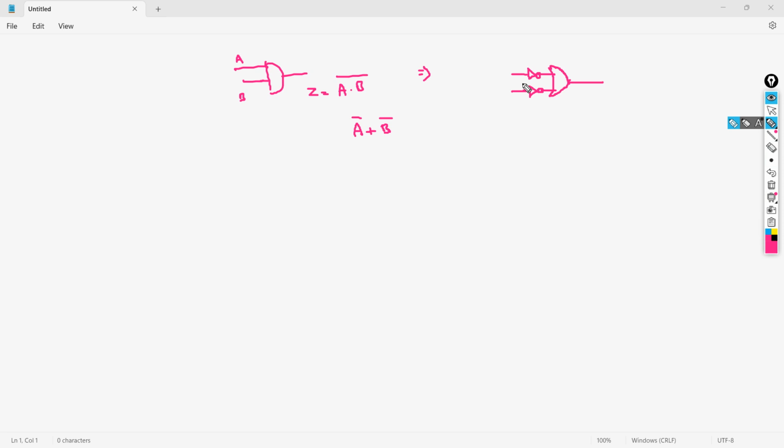Now why do we use this and where do we use this? You may be able to optimize the area or the PPA better. So this is one formula where AB whole bar is equal to A bar plus, not XOR, A bar plus B bar. And A plus B whole bar is equal to A bar dot B bar. This formula is known as De Morgan's law or De Morgan's theorem.